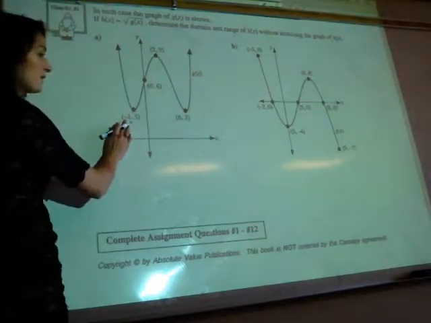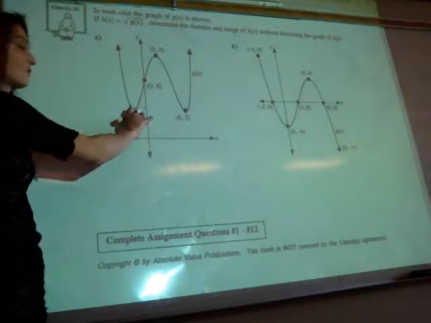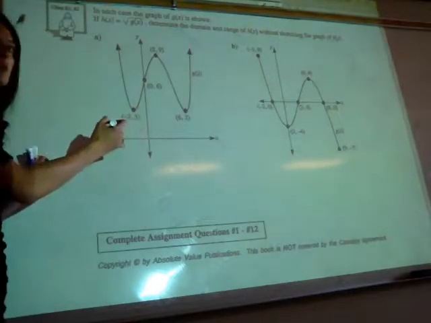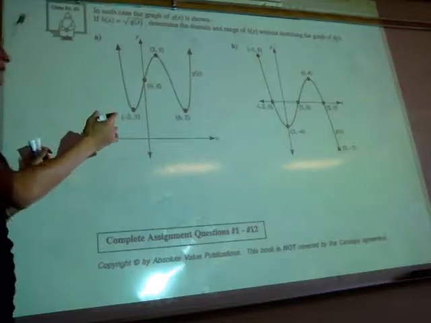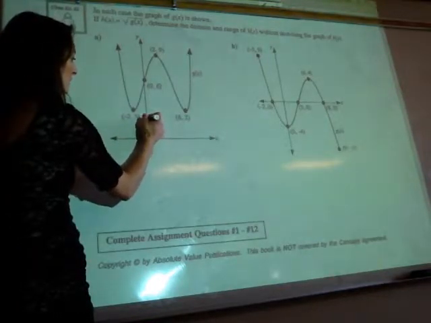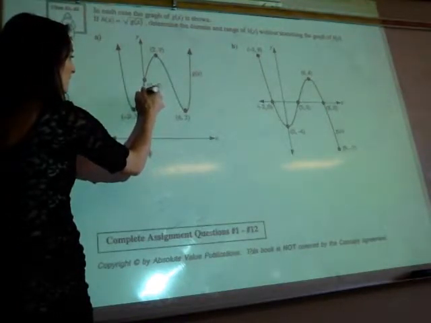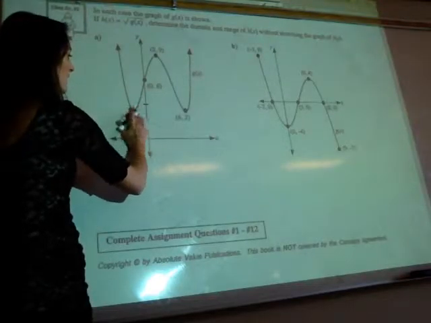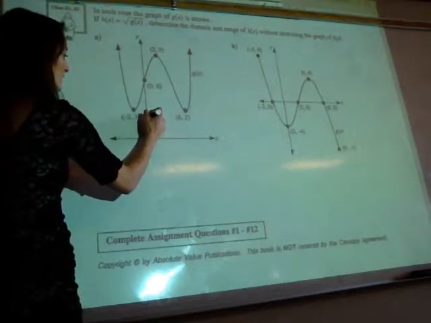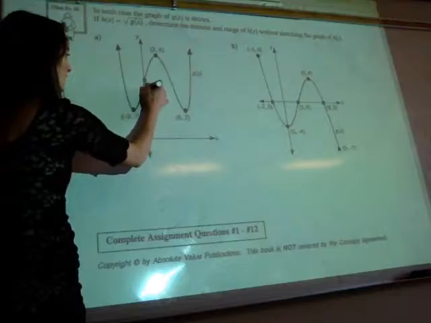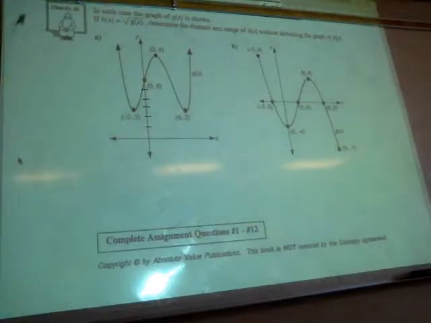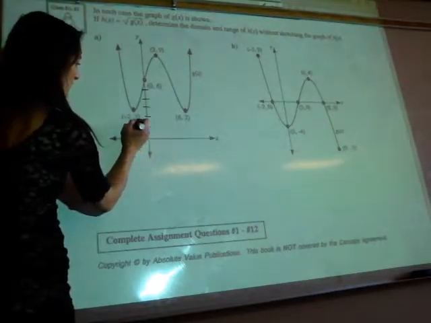So -2, 3 will go to -2 square root 3. And what's the value of the square root of 3? 1.7. So roughly here.